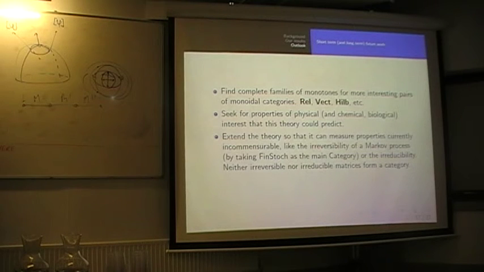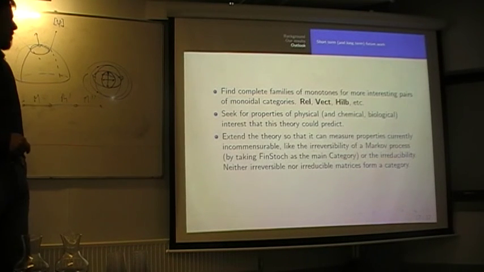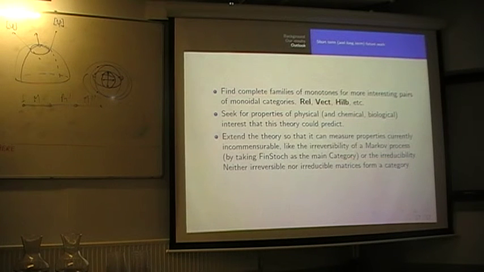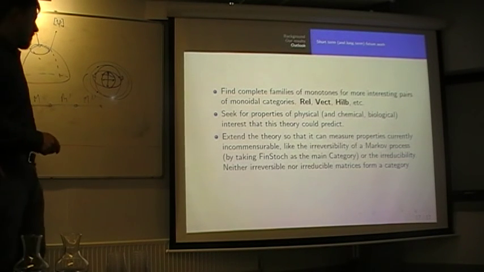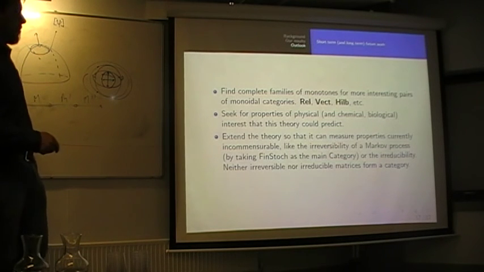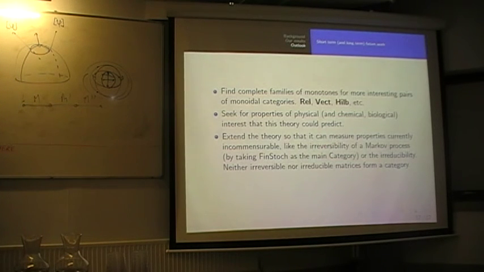Just to give one example, if one takes the category of stochastic matrices as the main category, with this resource theory framework, it's currently not possible to measure, say, irreducibility, namely because irreducible matrices don't form a category, they're not closed under composition, and irreversibility, mainly because the identity is reversible. So that would be the outlook for future work.